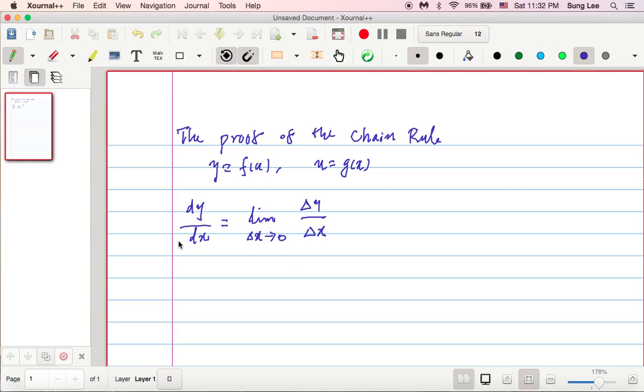So the derivative dy by dx also can be given in this form, right? Delta x and delta y represent the increment in x and the increment in y.